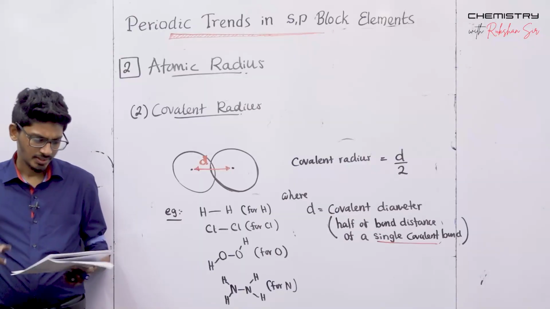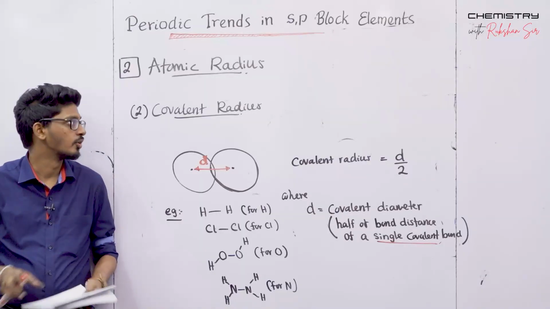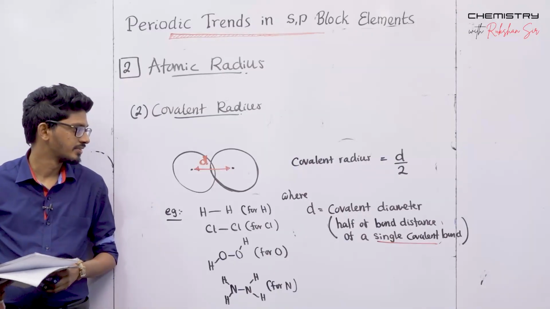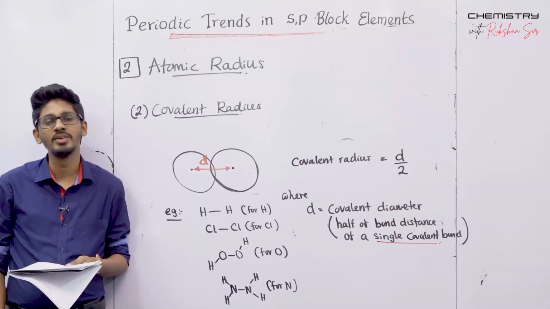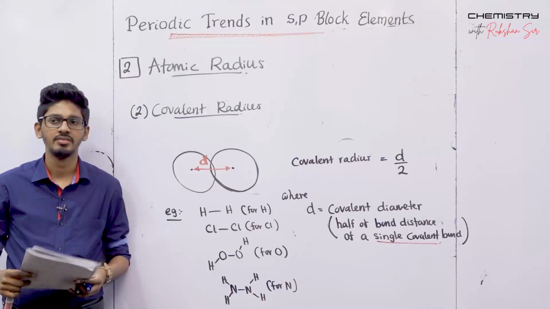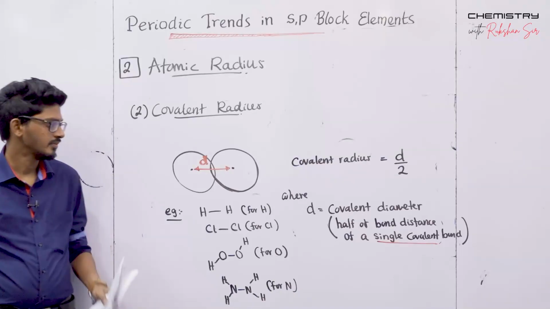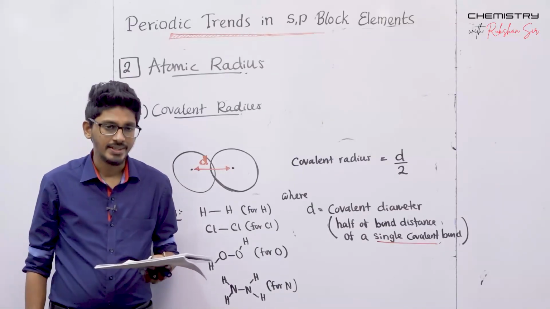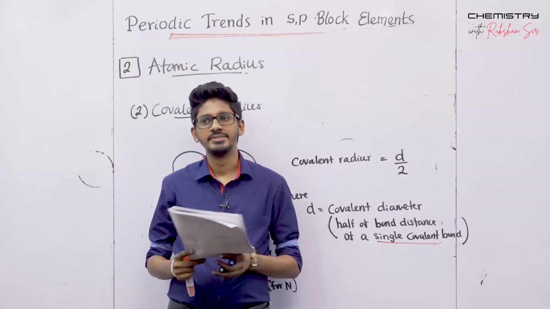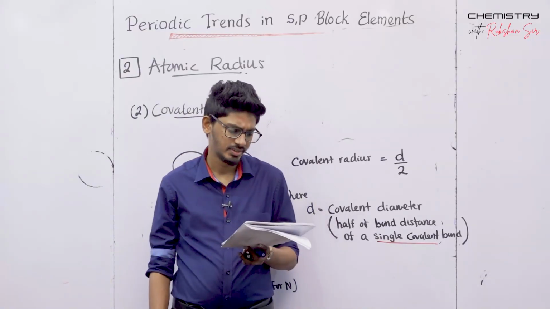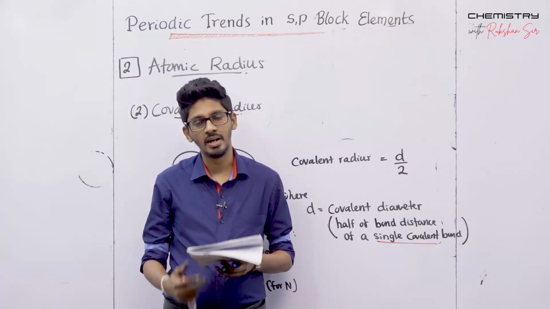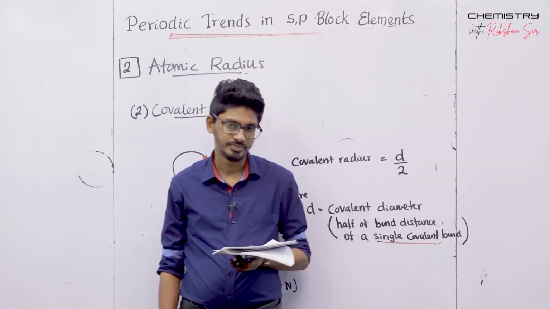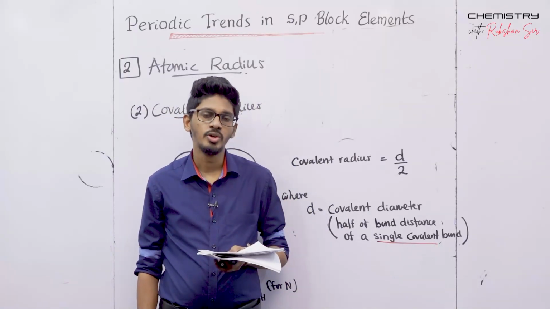Right. Under the next line you can write under the covalent radius: the bonding atomic radius, within brackets covalent radius, is smaller than the non-bonding atomic radius.